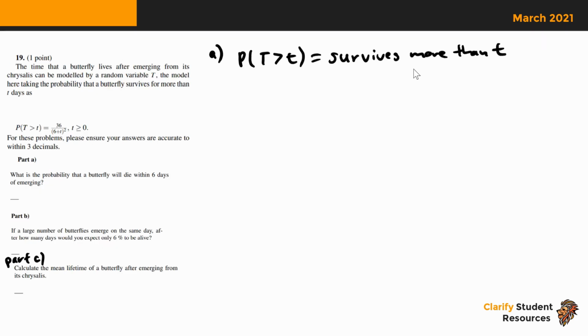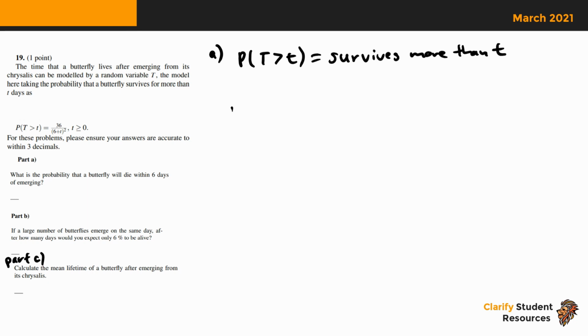Okay, so for question 19, part A, it's asking us, what is the probability that a butterfly will die within 6 days of emerging? So what we can do is figure out the probability that it will live more than 6 days, and then subtract that from 1.